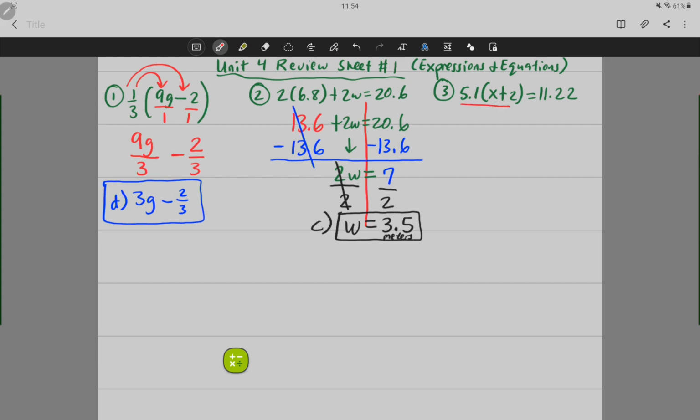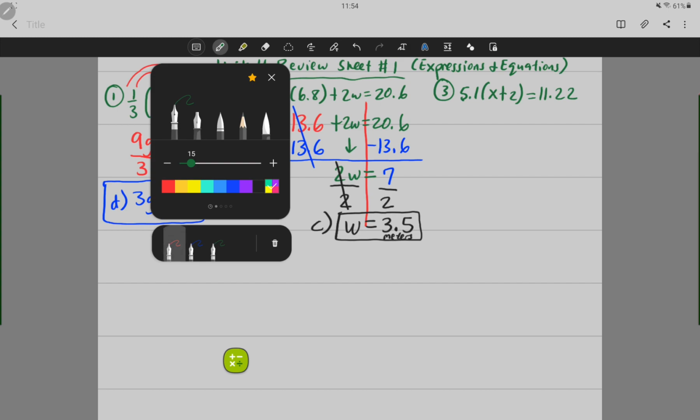That way would just be to divide by the 5.1 on both sides. What this would do is make the numbers a lot smaller since you're dividing. But I know many of us are just so used to multiplying using the distributive property, so we can do that for this problem. Numbers will be a little bit bigger in the beginning, but that's okay. We'll still get the same correct answer.